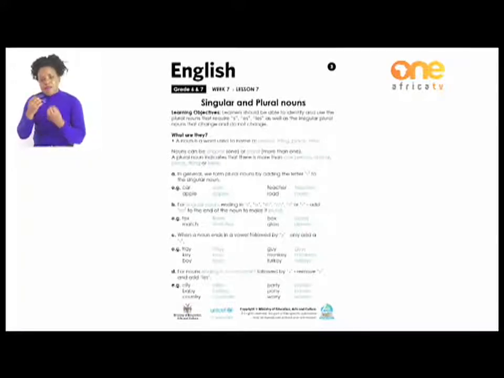For singular nouns ending in S, SS, sh, ch, x, or z, add ES to the end of the noun to make it plural. For example, fox, foxes, match, matches, 1 box, 2 boxes, 1 glass, 2 glasses.